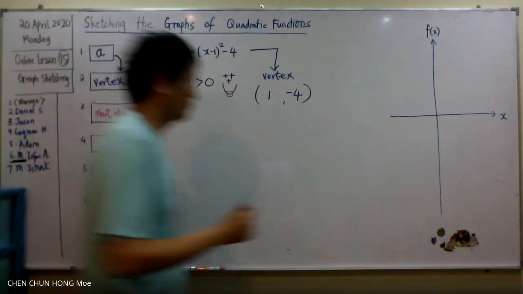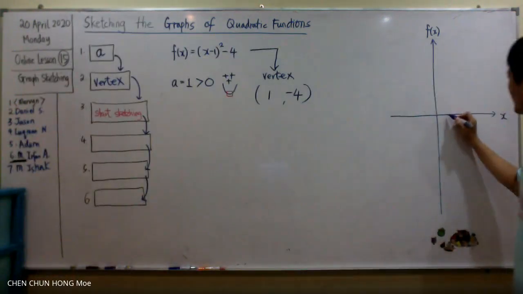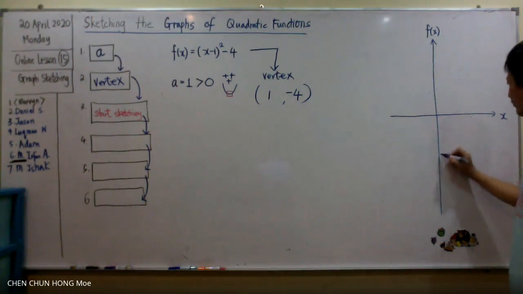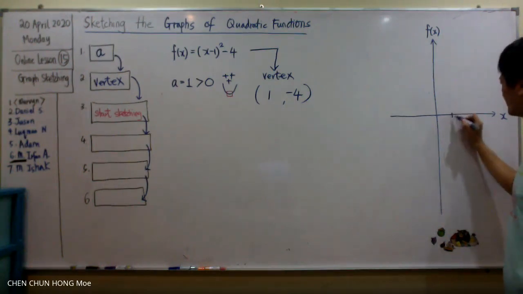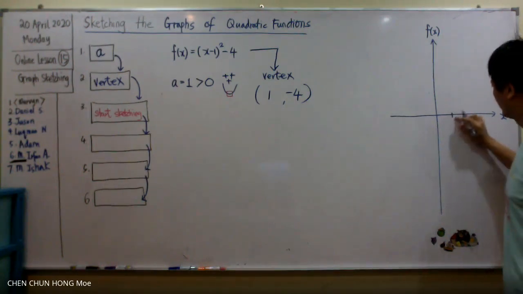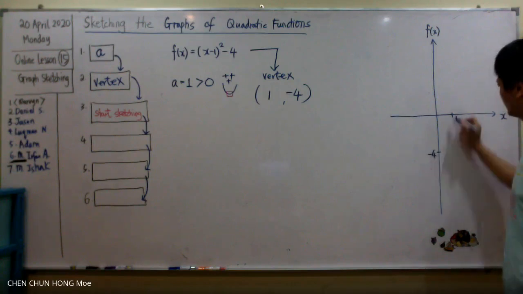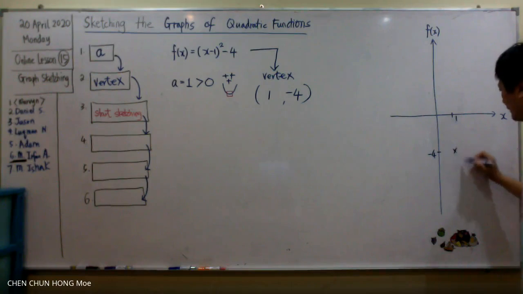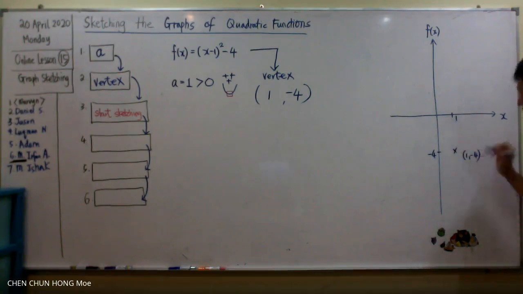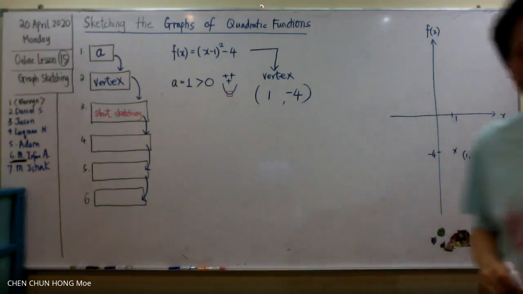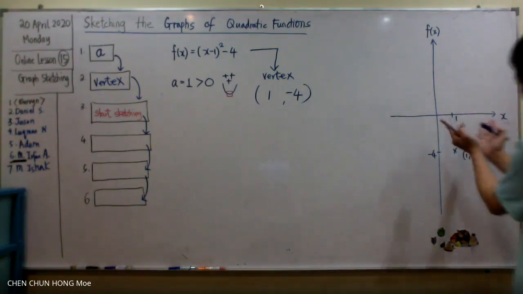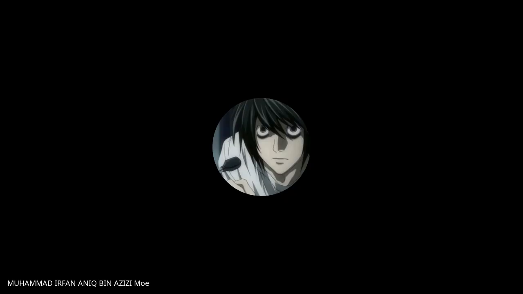(1, -4). So meaning you know it's somewhere here. So this is just a sketch. So this is 1, and -4. So just mark the vertex (1, -4), and you know we have to draw a happy face. So roughly you know the graph will open upwards, smiling.